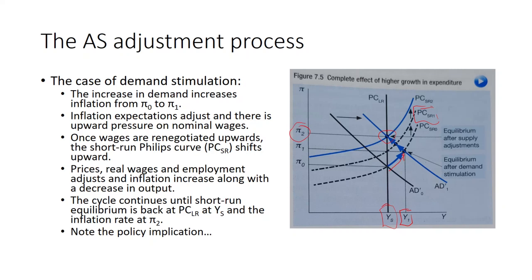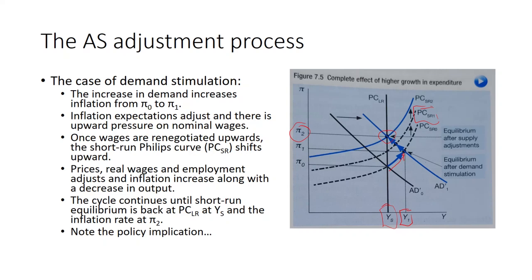So the adjustment process is very similar, but now the key driver is the difference between the expected inflation and the actual inflation rate and how that feeds into wage negotiations and adjustments, which feeds into costs, which moves the Phillips curve.